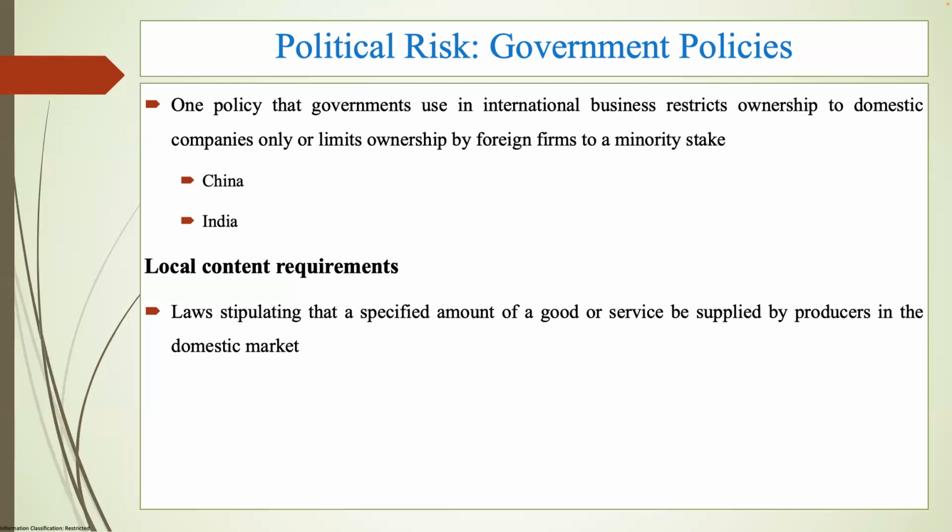Laws stipulating that a specific amount of a good or service be supplied by producers in the domestic market are called local content requirements. These requirements can force companies to use locally available raw materials, procure parts from local suppliers, and employ a minimum number of local workers. They ensure that international companies foster local business activity and help ease regional or national unemployment.